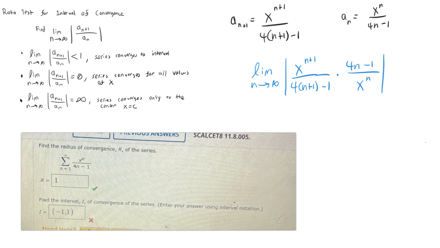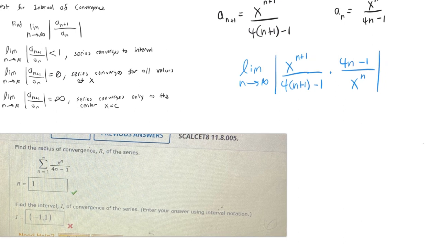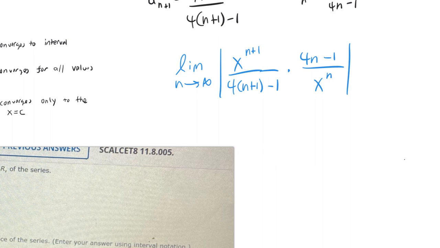So we need to find out, well, what does this equal? Well, the x to the n plus 1 could be rewritten as x to the n times another x. So I prefer that, and I'm going to cross that out. It's also the case that we could distribute the 4 down here, so we would have 4n plus 4 minus 1, so that would be plus 3.